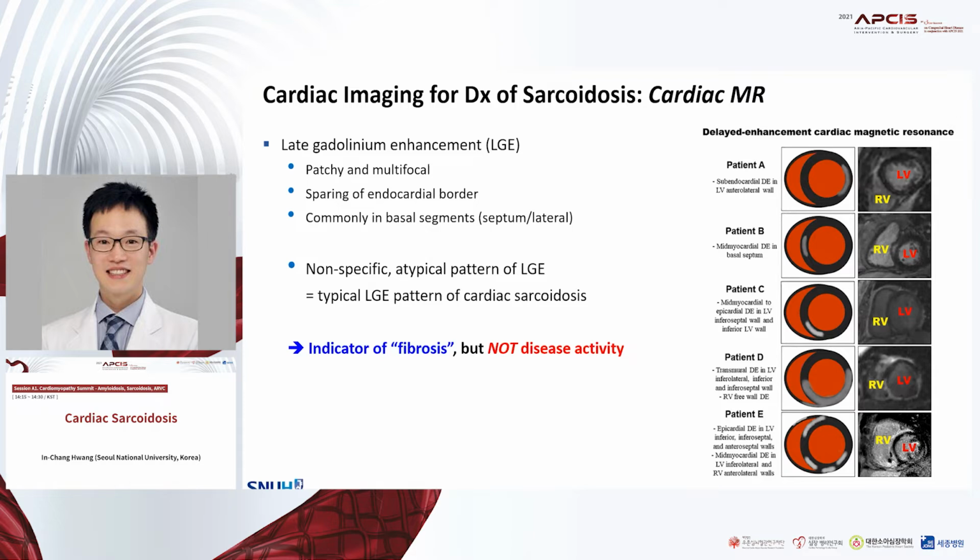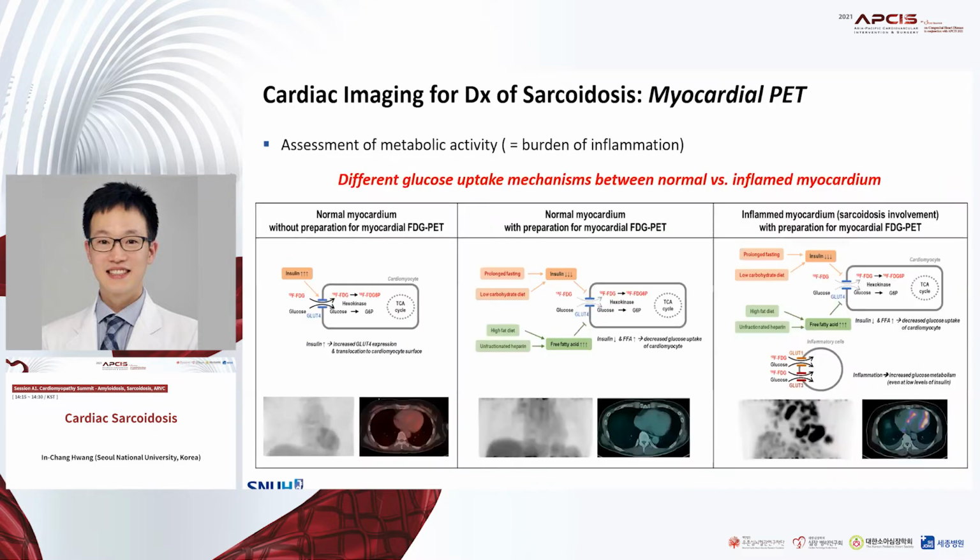More importantly, even in patients with cardiac sarcoidosis, the presence of LGE indicates myocardial fibrosis, but not the disease activity. To assess the disease activity or the burden of myocardial inflammation, myocardial PET scan provides valuable information.